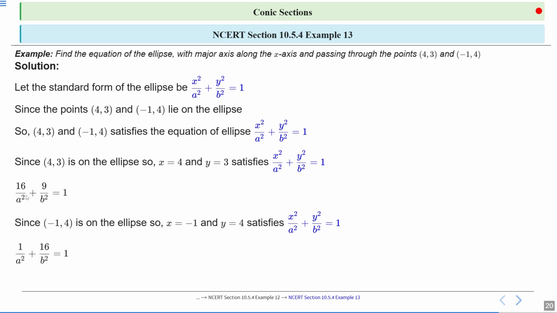The first equation is 16 upon a square plus 9 upon b square equal to 1, and the second equation is 1 upon a square plus 16 upon b square equal to 1.